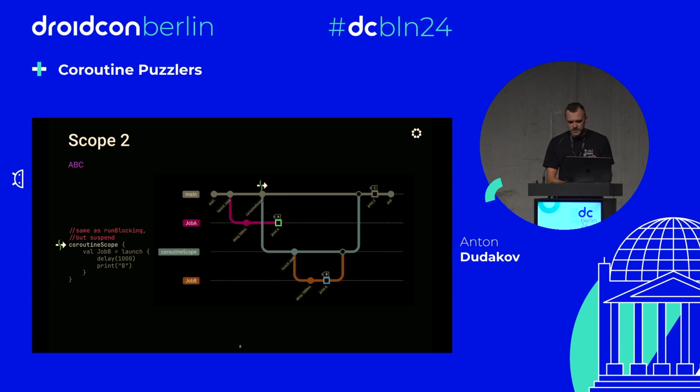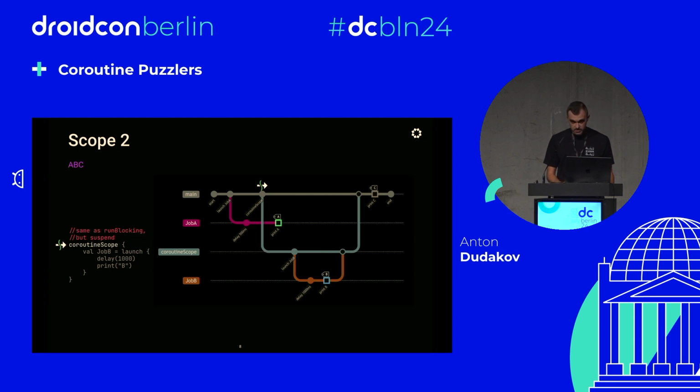Because coroutine scope is a suspend function, and when we launch it, it means that it suspends and it waits. From the main coroutine, we launch job A. It runs, it suspends, and then the control goes back to the main function.